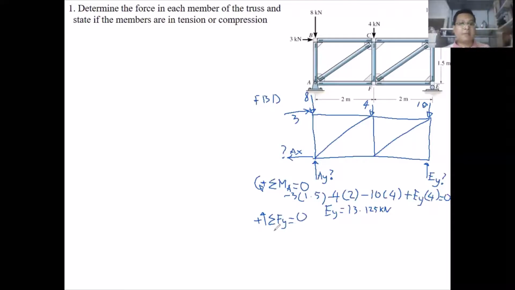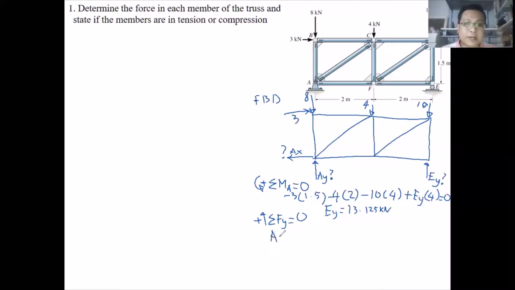What we have in the sum of the forces in the Y direction: we have 8, we have 4, we have also 10, and also EY and AY.